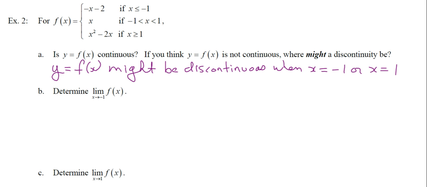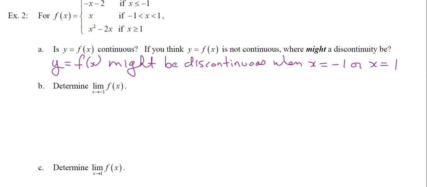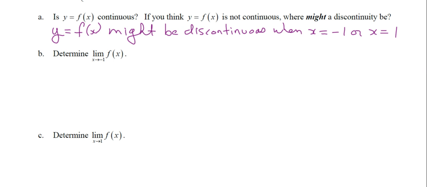So we're going to have to figure that out. How do we do that? Well, we're going to look at the left side limit and the right side limit and see. So determine the limit as x approaches -1 of f of x.